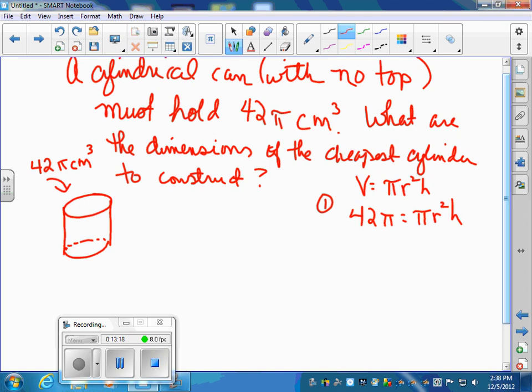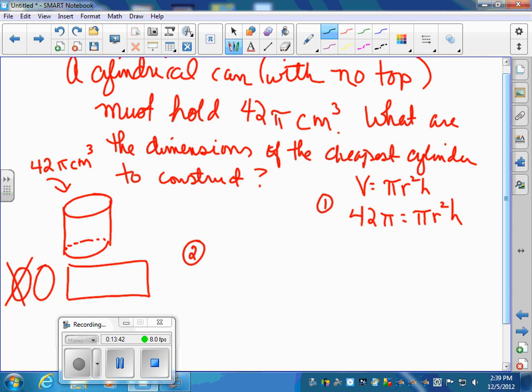Now, the next part is a little tricky because you may not remember this formula, and I am going to show you where it comes from. The surface area of a cylinder is constructed by using two circles, if it's got a top and a bottom, and a rectangle. Now, this one doesn't have a top and a bottom. It only has the bottom. So it's made with one circle and a rectangle.